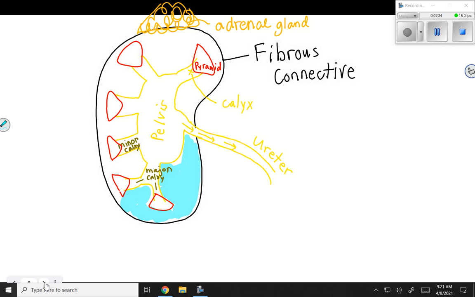It could be located anywhere, and what that means is it's not really participating in the function of the organ. It's just taking up space and giving it structure, which is a good thing. It could also store carbohydrates or things that might be needed at some point in time. So everything on here that's not a pyramid or a calyx or the pelvis, we're going to call cortical tissue.